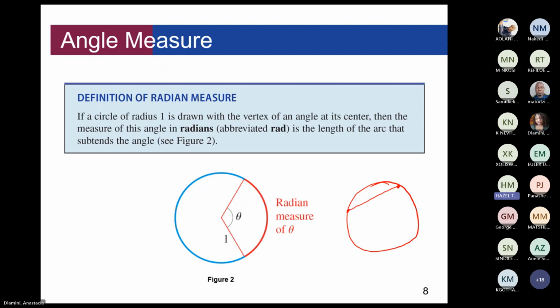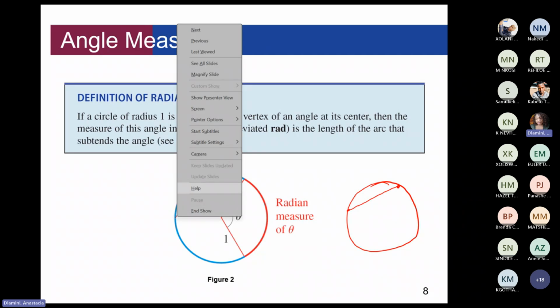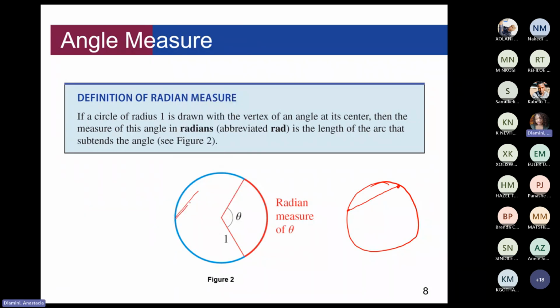Is it the diameter, ma'am? No, it's not. It's a chord. Do you remember that one, from circle geometry? If you draw any line from here to here, not from the center, that's a chord. Do you remember that one now?